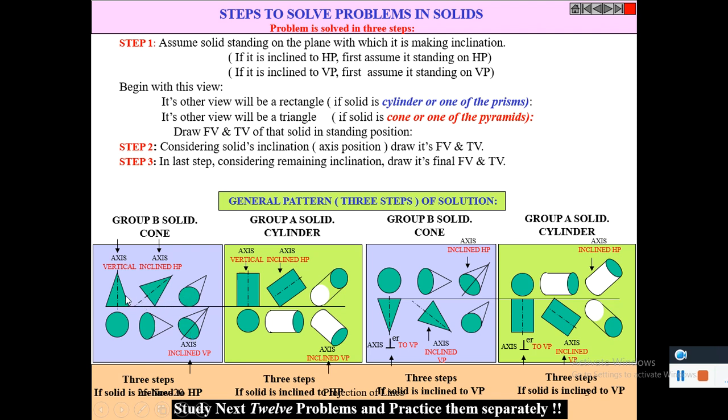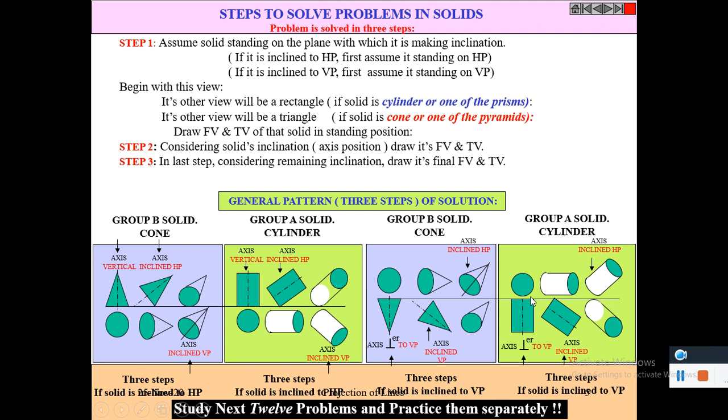So this solid is inclined to HP and then inclined to VP. Similarly, a cylinder is inclined to HP, then inclined to VP. A cone: it is resting on VP, or the axis perpendicular to VP. Then it is inclined to VP, then inclined to HP.